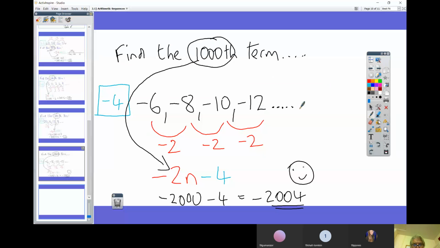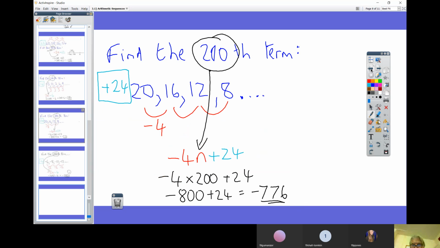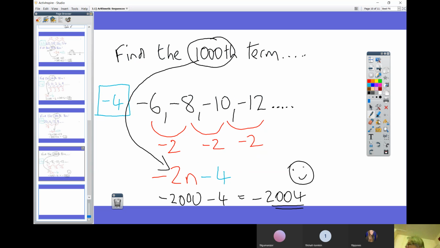Okay, so that's what I meant to have on the board. Now, people at home, are there any of the ones that I've done in class, any of these that you'd like clarification on? Any of these at home that you'd like clarification on? The ones that we've done in class, not the prep. About the prep?